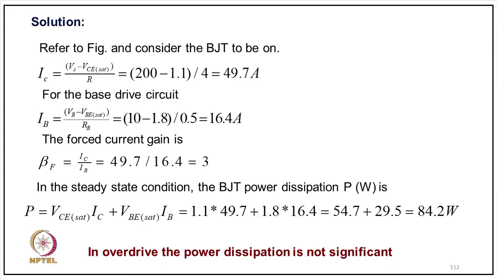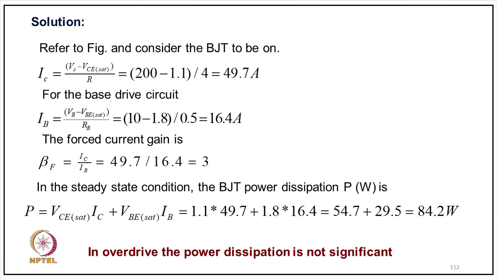Referring to the figure, we can say IC is equal to VS minus VCE(sat) by RC, putting the value 200 minus 1.1 divided by 4. So it comes 49.7 ampere, and for the base drive, IB equals VB minus VBE divided by RB. So it is 16.4. So you can find out the forced current gain beta F equals IC upon IB, that is 49.7 divided by 16.4, that is 3.